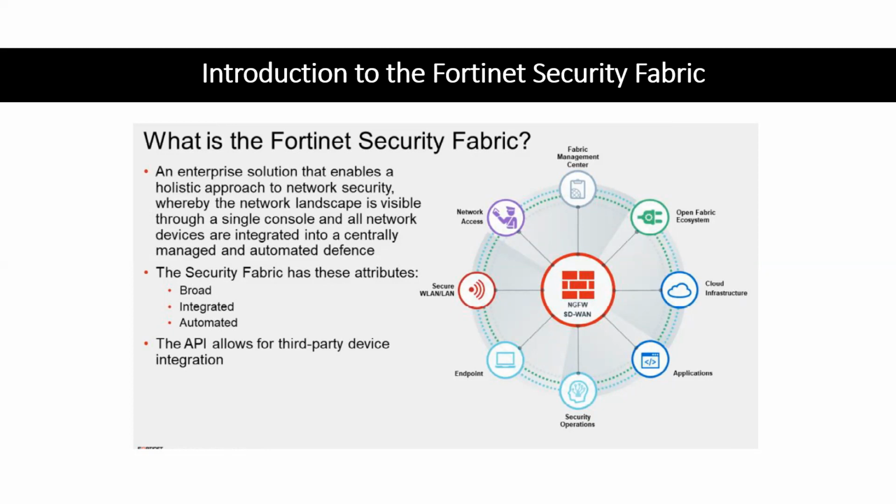Maybe we have EDR, LAN and WLAN. We can include all of the network devices within this fabric, and it's pretty easy. If Christian gets to a FortiGate and he can manage all of his devices from one device, it makes management that much easier.